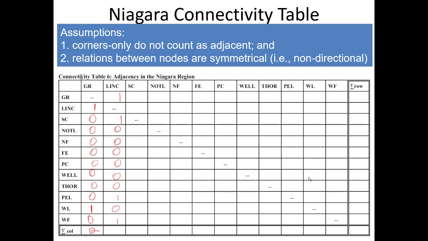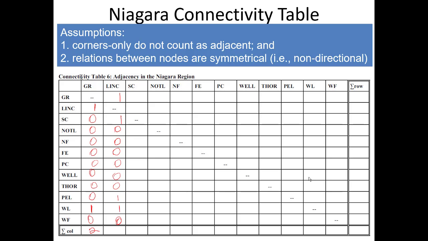Hold on. That's a mistake on my part. We already did Welland up here. My bad. All right. WL is West Lincoln, so it does actually border West Lincoln. And it does not border Wainfleet when I look at the map. And so 1, 2, 3, 4.